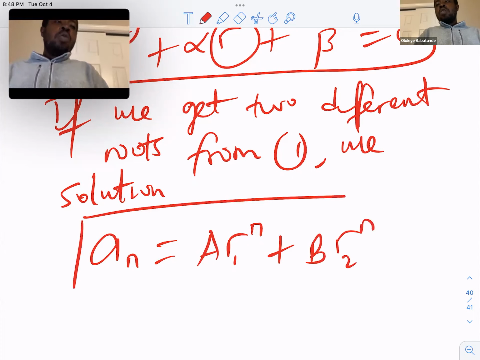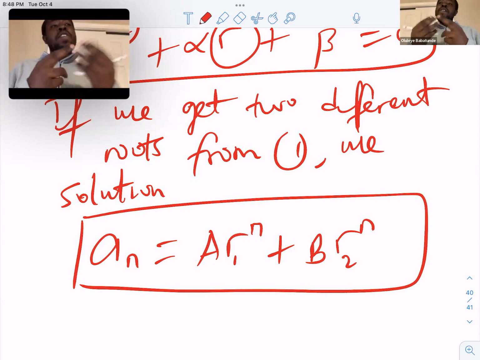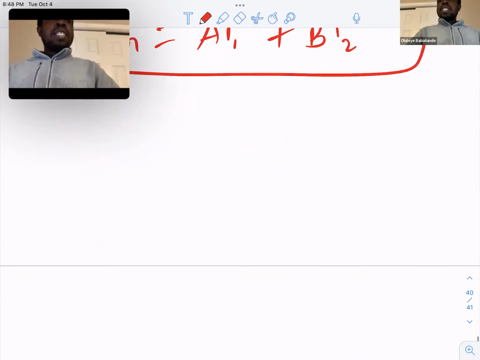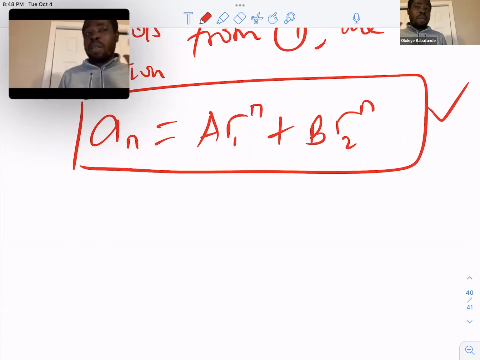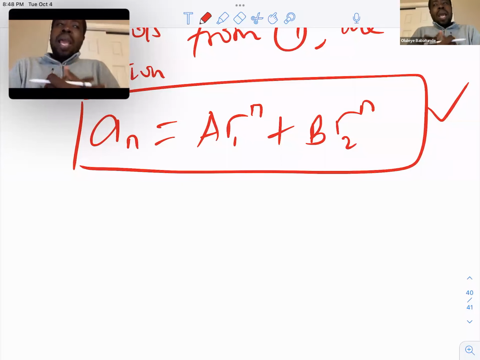Now you will use this only when you have two different roots for the initial solution. So let's see an example. This is very, very, very important. Okay. Now, when we see a particular example, it will become very clearer.